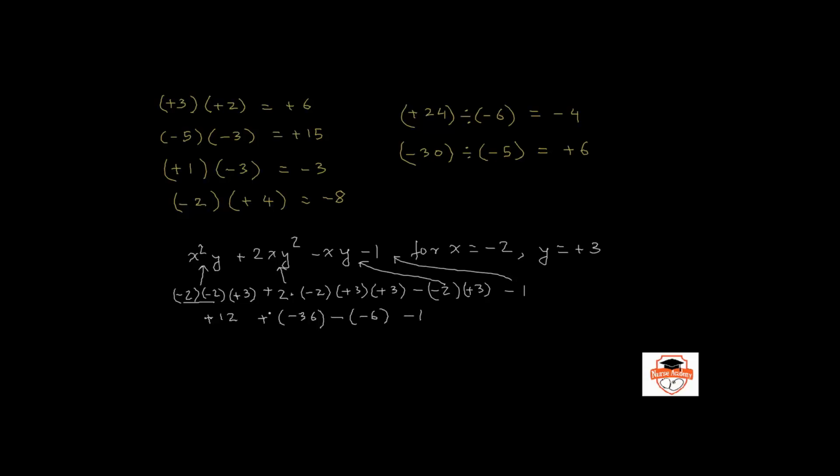Combine the signs. Positive with a negative is a negative. So we have 12 minus 36. Combine these two to get a positive 6 plus 6 minus 1. And that's equal to, add the positives together, 12 and 6 is 18, or a positive 18.